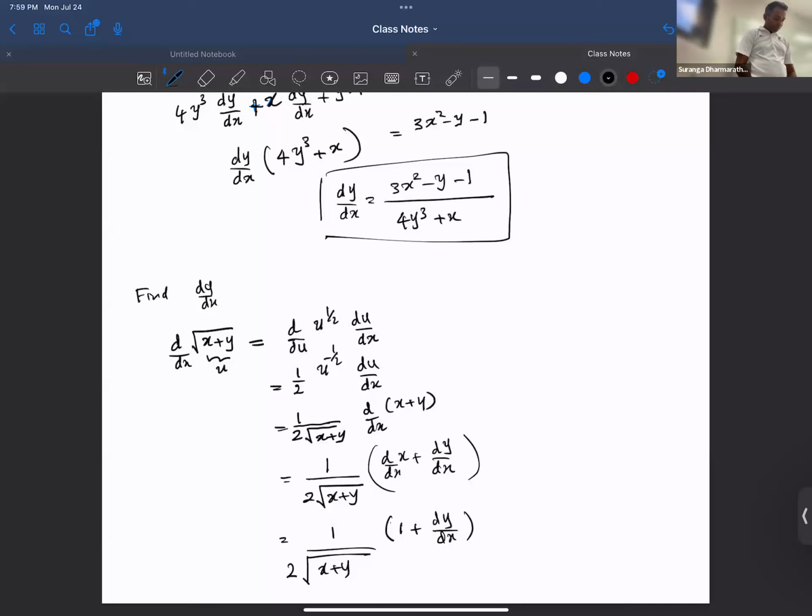It's problem 6, right? 3.86. So you can name this as y prime if you want to. Sometimes they write it as 1 plus y prime.